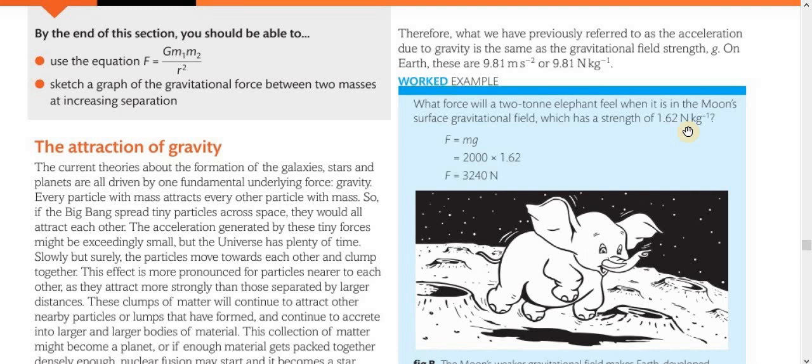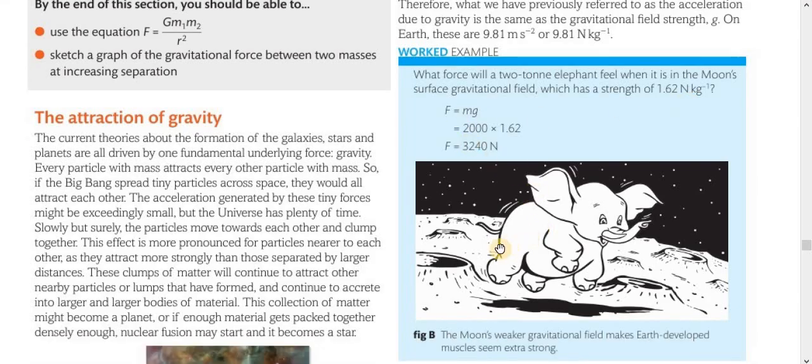For example, if you drop an object, drop means the initial velocity is 0. After 1 second, the speed will be 1.62 meters per second. After the second second, it will be 1.62 times 2. After the third second, it will be 1.62 times 3.